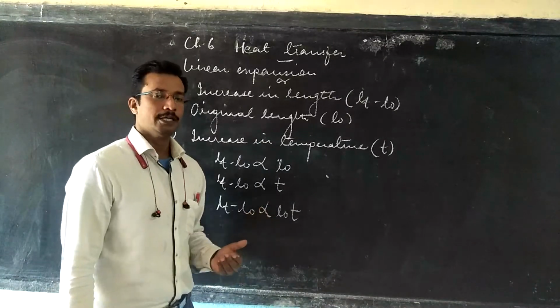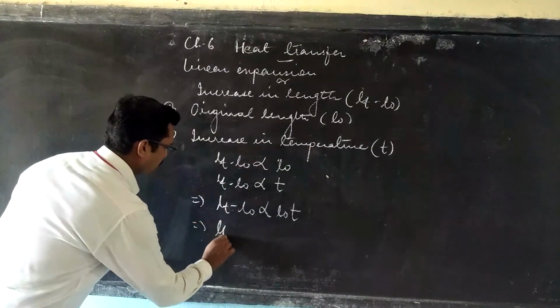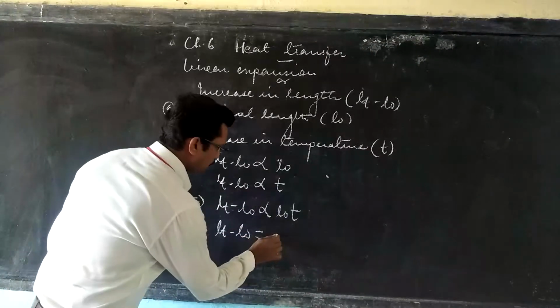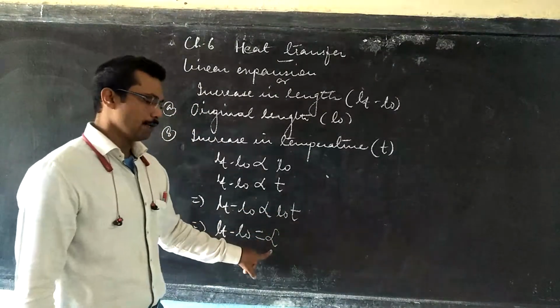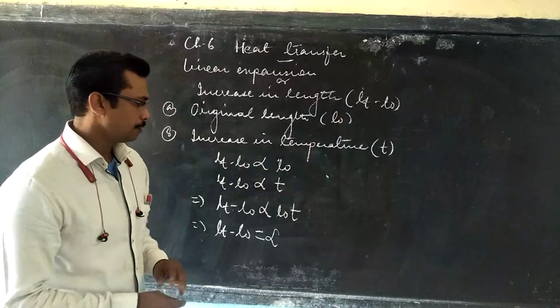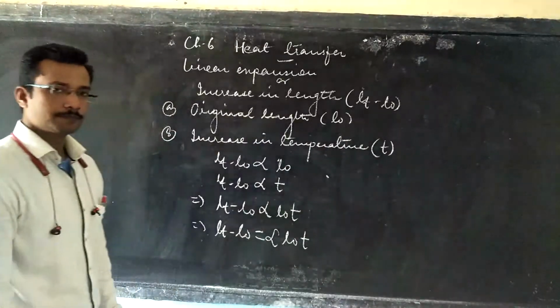And the constant here will be alpha. So we can write LT minus LO is equal to alpha, which looks like the proportionality sign, but it is alpha, which means it is coefficient of linear expansion, and then we have LO into T.